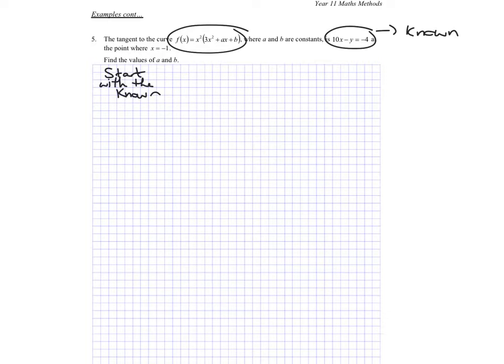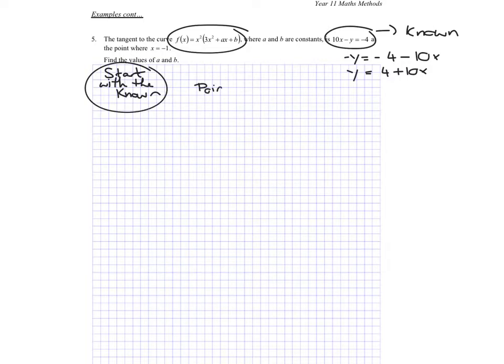If we wrote that in slope-intercept form, if we rearrange that, we would get -y equals -4 take 10x, so y equals 4 plus 10x. Now that's telling us a piece of information. We can get the point of contact first.